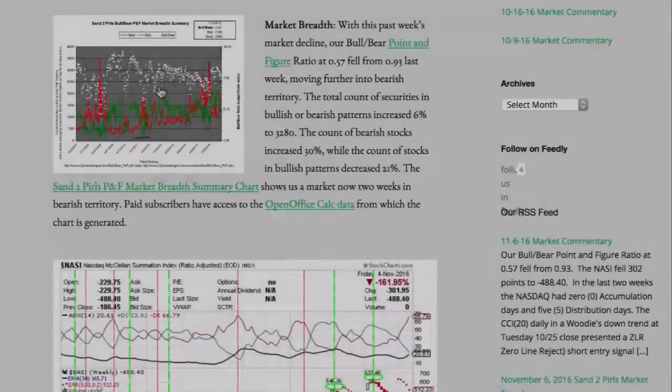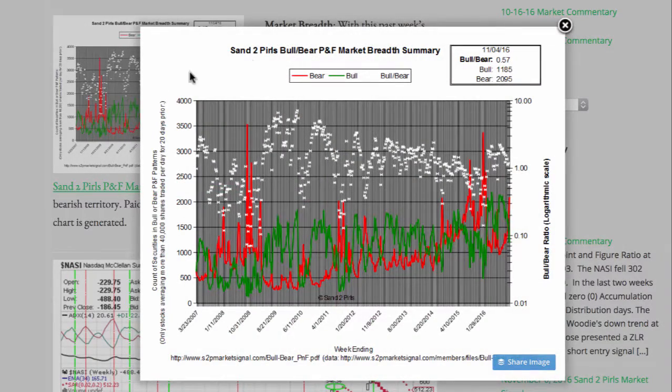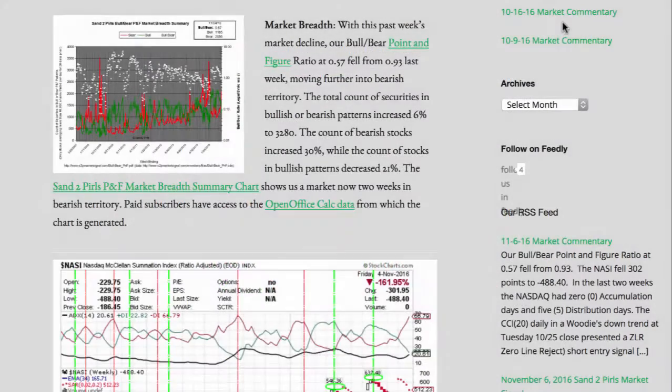Market breadth. With this past week's market decline, our bull bear point and figure ratio at 0.57 fell from 0.93 last week, moving further into bearish territory.